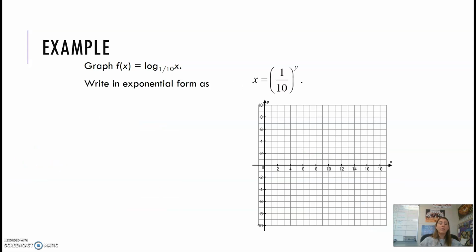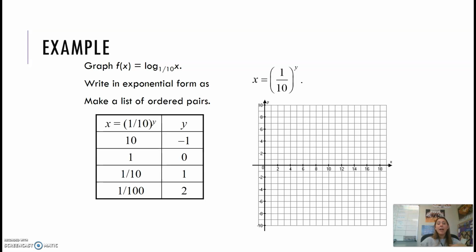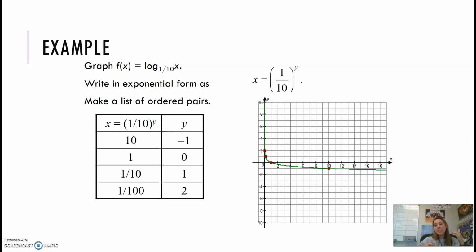All right, let's try another one. Again, we're going to convert it to an exponential. So we end up with x is equal to 1 over 10 to the y. We're going to make our ordered pairs. Again, I didn't do -2 on here because 100 is really big and it would not fit on the graph anyway. We're going to graph it. We're going to see that line.